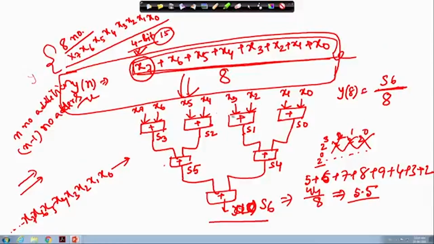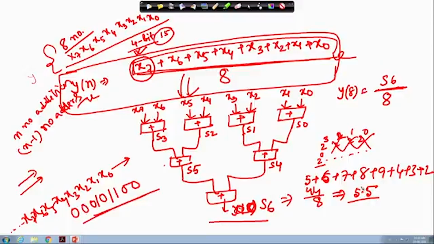So, what will be the binary number representation of 44? So, 32, then 8, then 4. So, this will be the corresponding binary representation of 44, right.